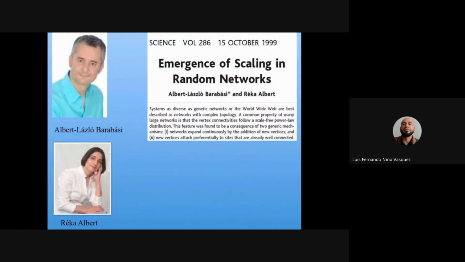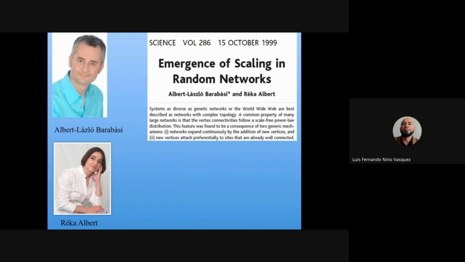In 1999, Laszlo Barabasi and Reka Albert published a paper in the journal Science called Emergence of Scaling in Random Networks, in which they introduced this idea of scale-free networks to a large audience. And this really, similar to the Watts and Strogatz paper I mentioned before, sparked a huge amount of interest in the nascent field of network science.